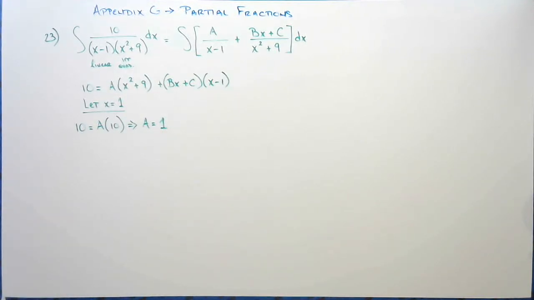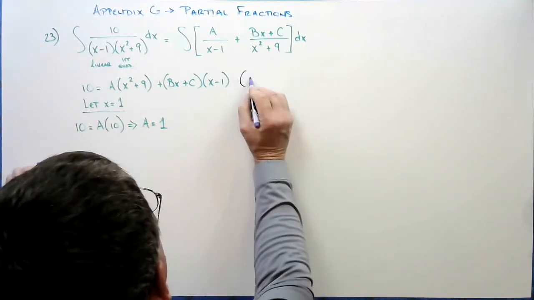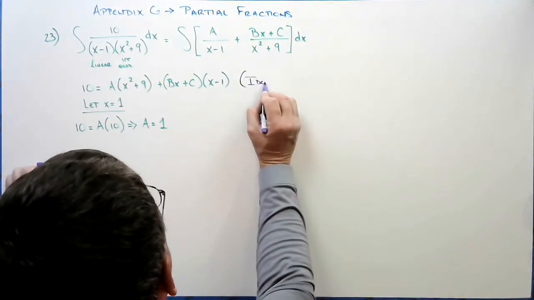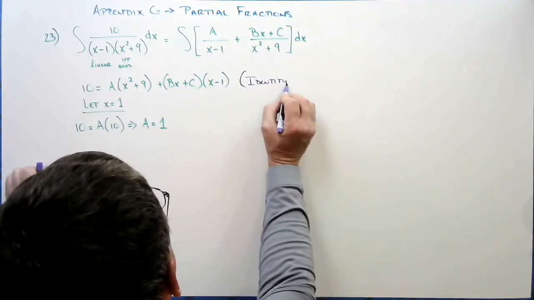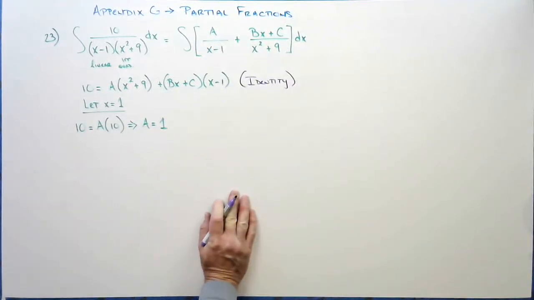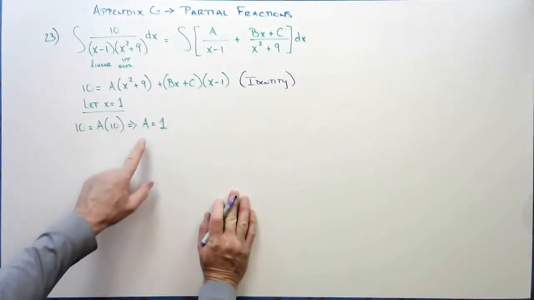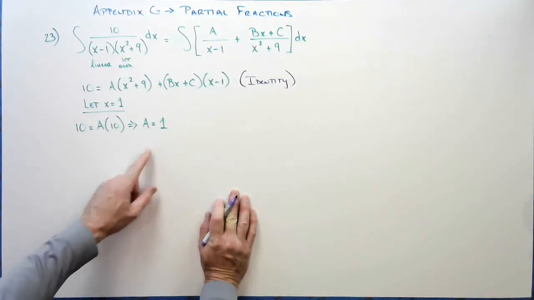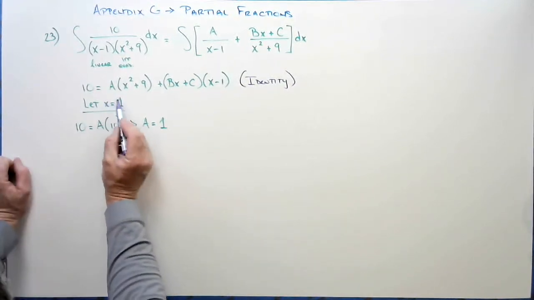Now, we know A is 1. There's no doubt about that. Why is that important? Well, remember, this is our identity here, and now we can rewrite it because we know A is 1. Now, I'm not going to choose another value for x.